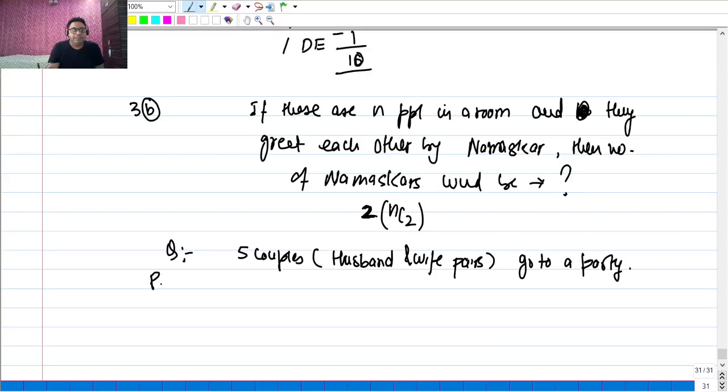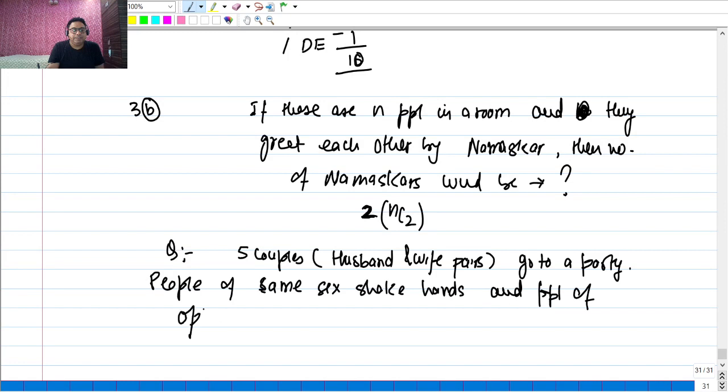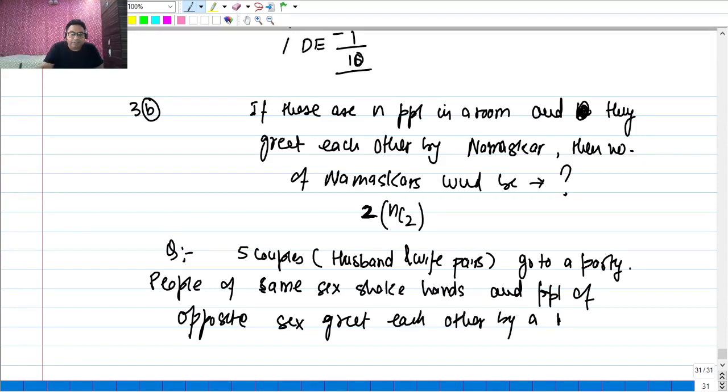People of the same sex shake hands, and people of the opposite sex greet each other by a namaskar.